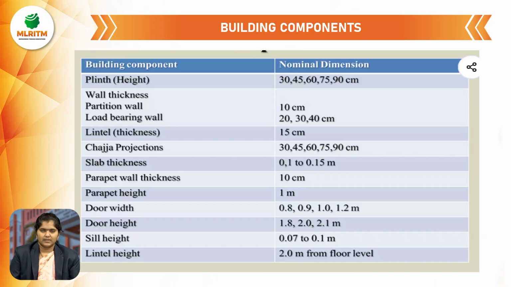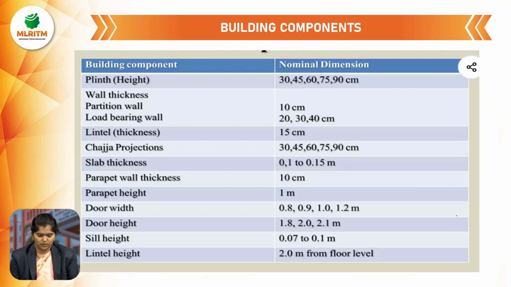So here, normally in our construction, practically we use some dimensions. Like components, we have some standard dimensions. For plinth, the height is 30, 45, 60, 70, 90 centimeters.